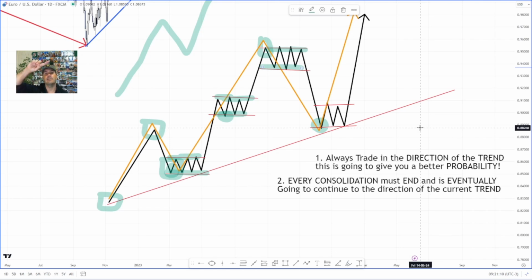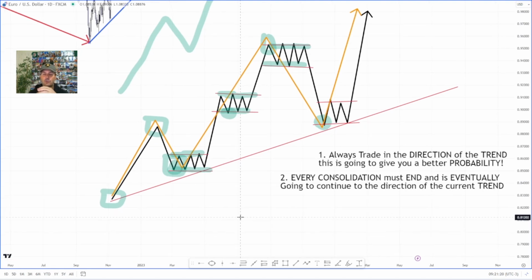Does this make sense? I'm not asking you, do you agree with me? I'm asking you, does this make sense? So try to think with me. If you know that you have an uptrend on the daily chart, 4-hour chart, whatever, you can see it on the chart, right?